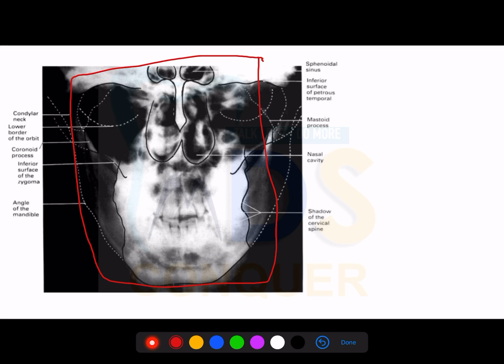All these things affecting the mandible are evaluated using this PA mandible view. And one more thing: in the PA mandible view, you cannot examine the mandibular lower incisors or maxillary incisors. This is because of the shadow of the cervical spine.